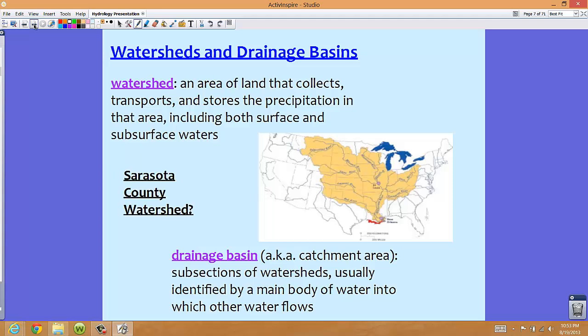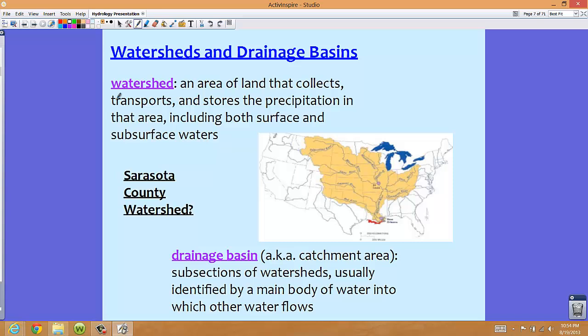So let's take a look at watershed a little more closely here. I have a picture here of the Mississippi River watershed. And this is a huge basin, the drainage basin of the Mississippi River. Now, I chose the Mississippi River because it might be something that you are more familiar with.